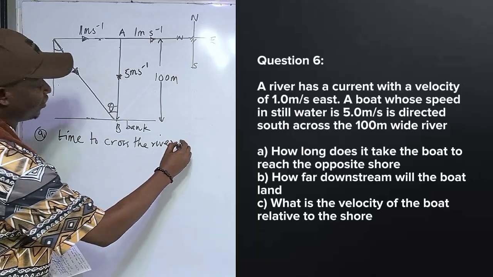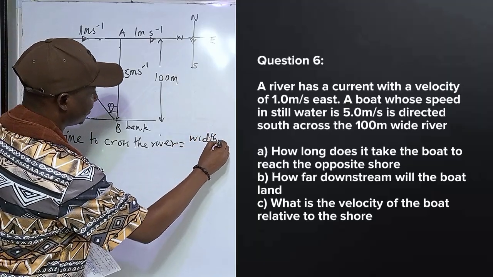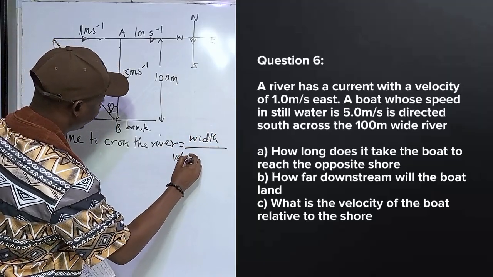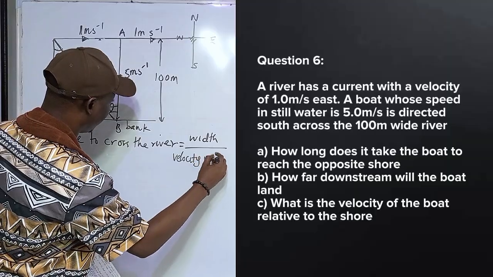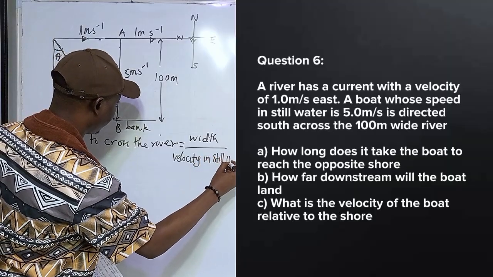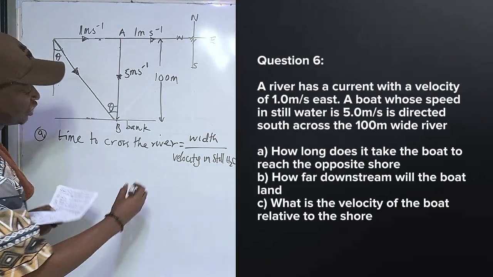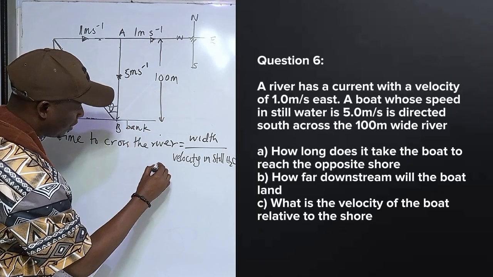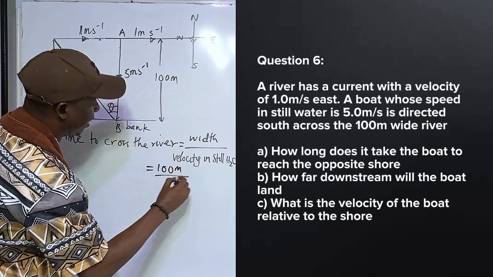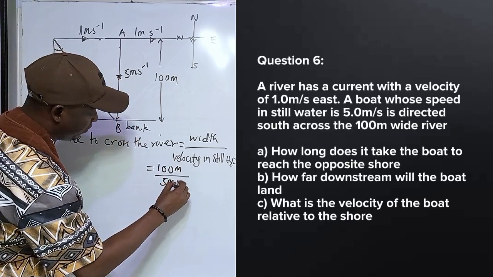The time to cross the river is equal to the width over the velocity in still water. So what is the value? We are given 100 meter divided by the velocity in still water, 5 meter per second.